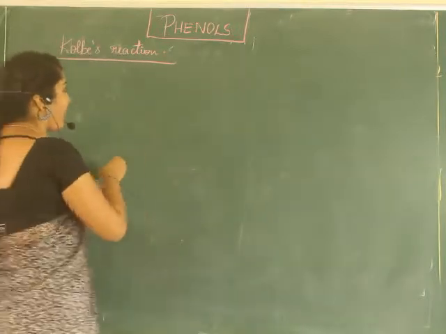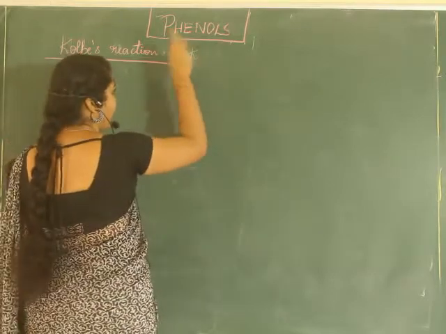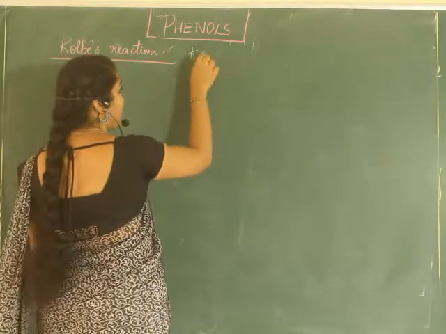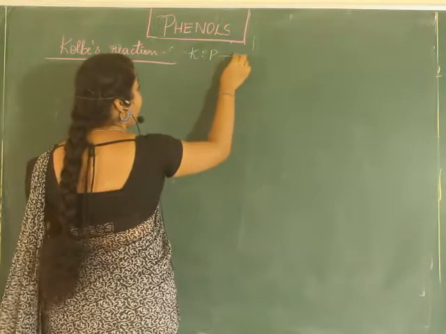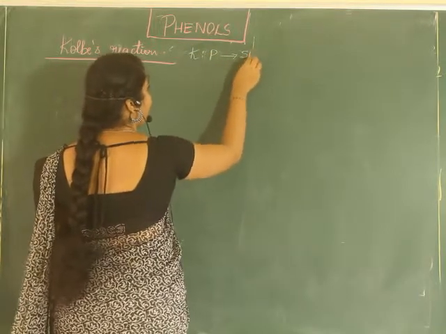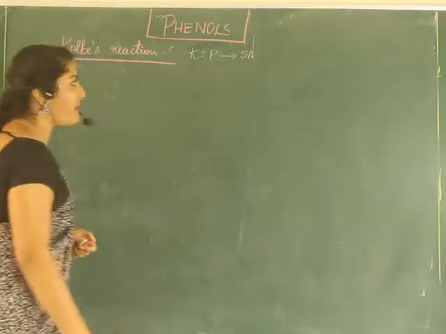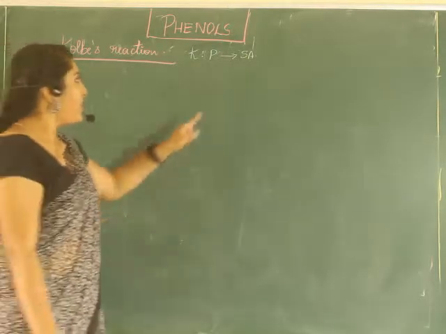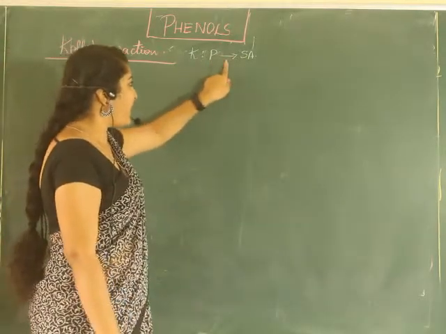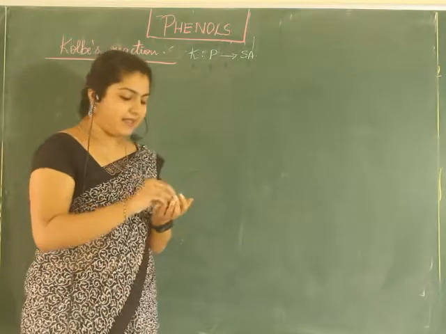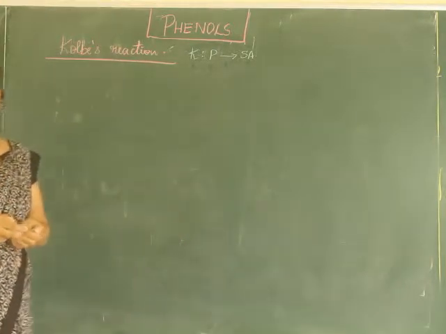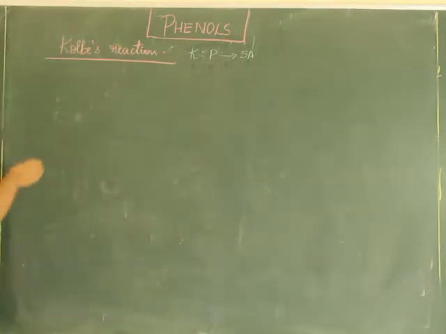Remember this way: Kolbe's reaction means phenol getting converted into salicylic acid, KPSA. Let me write a general reaction so that you can remember how.